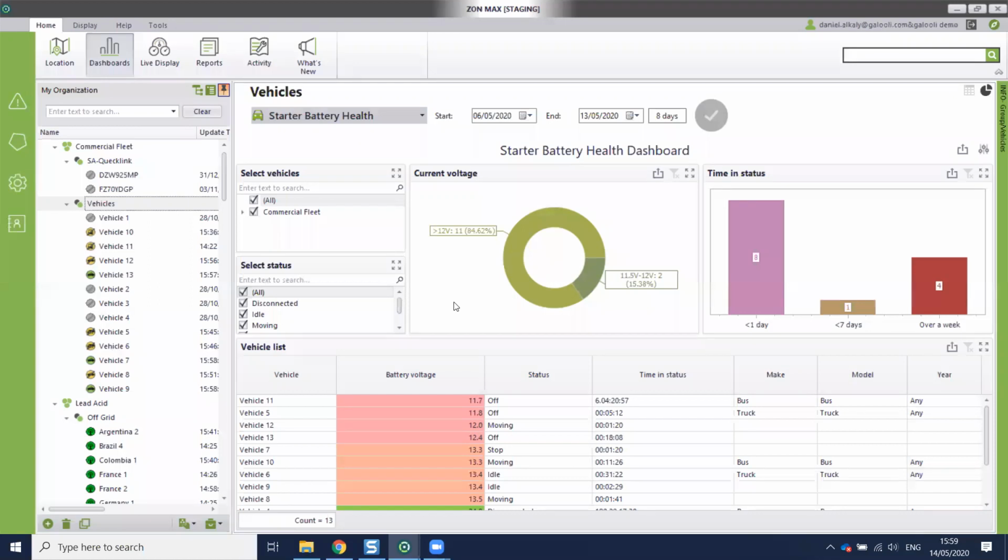There's no problem with them, and we do not need to be concerned about them. Batteries between 11.5 volts and 12 volts, again, it's not a cause for concern. However, we do see that the voltage is a little bit lower than expected, and we need to be careful, and we need to monitor those batteries so they don't go lower.